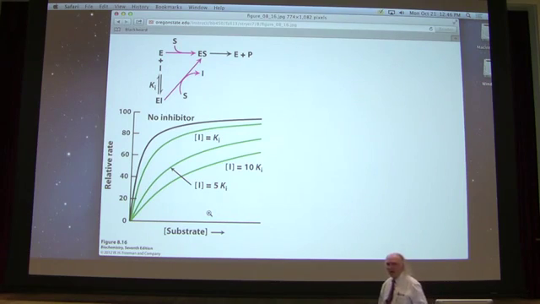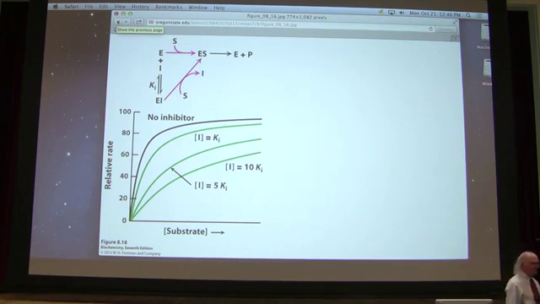It's going to be a higher Km. In competitive inhibition, Vmax does not change. Km does change. Okay? In competitive inhibition, Vmax does not change. Km increases.